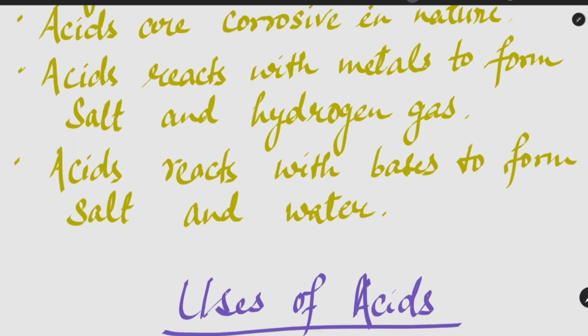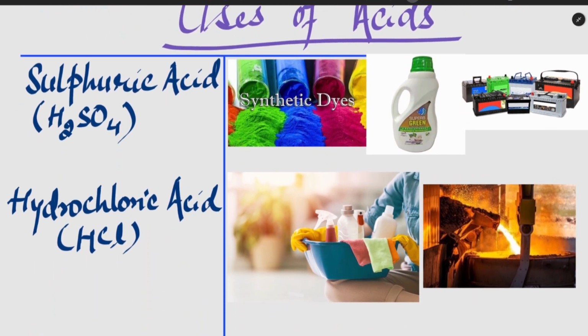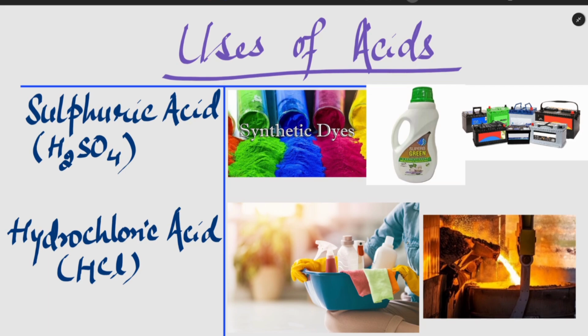Now we discuss the uses of acids. A few common uses we will discuss here. The first is sulfuric acid, with the chemical formula H2SO4. Sulfuric acid is used in a variety of industrial products. Generally you can remember it is used in fertilizers. It is also used to make dye, and it is used in car batteries.